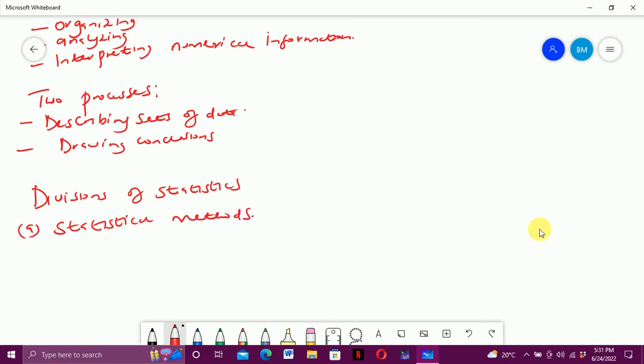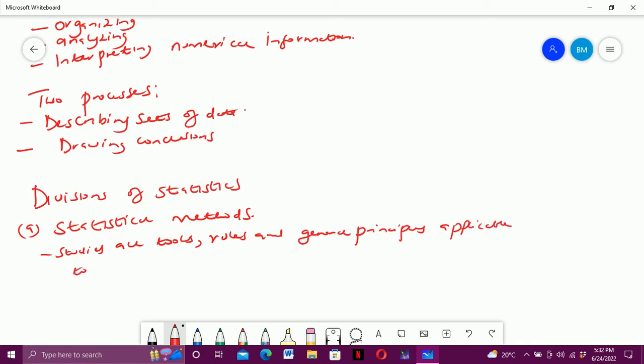Statistical methods studies all tools, rules, and general principles applicable to all kinds or groups of data.